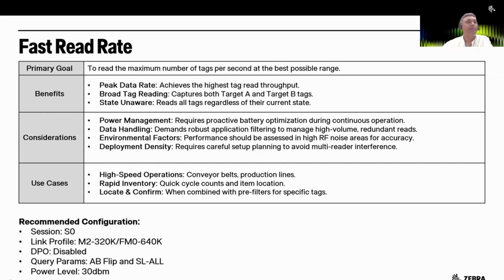And the DPOs would be disabled so that there is no duty cycling as we do the read rates, because we want a fast read rate. And then we have to make sure all the tags in the range participate repeatedly, so that's why we need to go in for AB flip and SL all. So it has to be a state unaware configuration. And since we want to cover the range, we set it to the highest power level, 30 dBm, generally, on the readers.